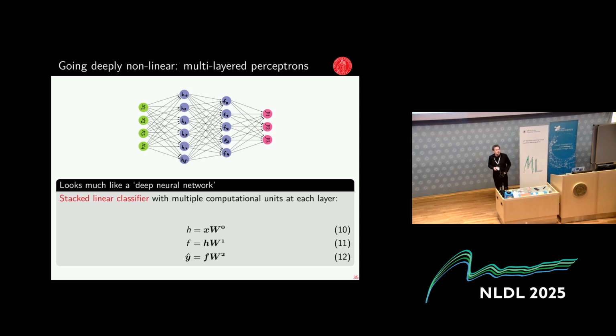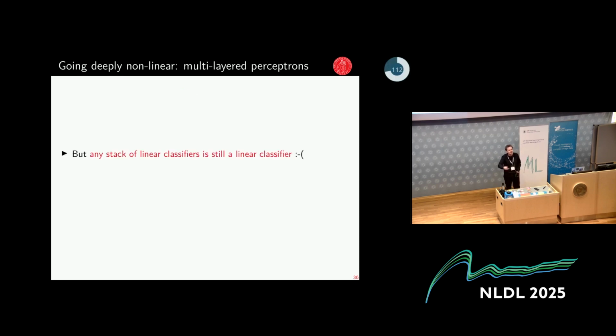So we can also call it a stacked linear classifier, right? Because each of the layers is basically just a linear classifier, and we stack them. That's why I mentioned the word cascade in one of the previous slides. So this is a cascade of linear classifiers.